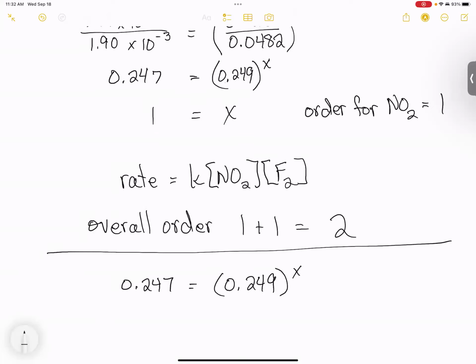This one came out fairly straightforward, but it's not always going to come out pretty. So how can you get to the exponent algebraically?